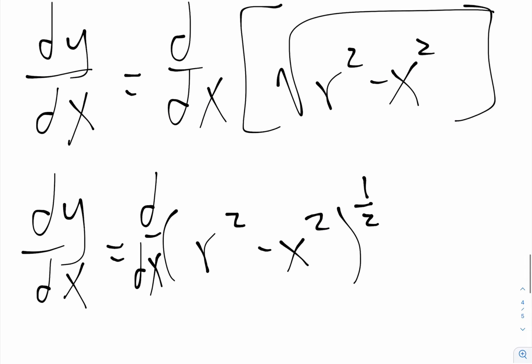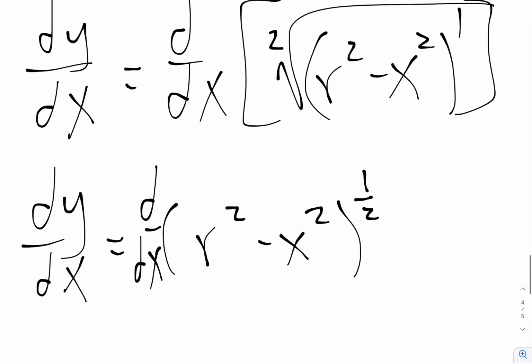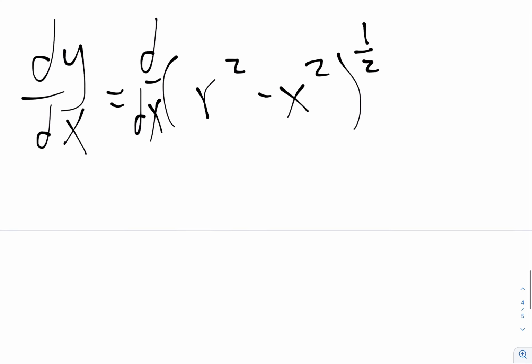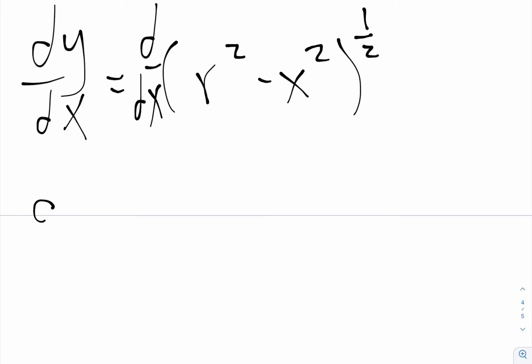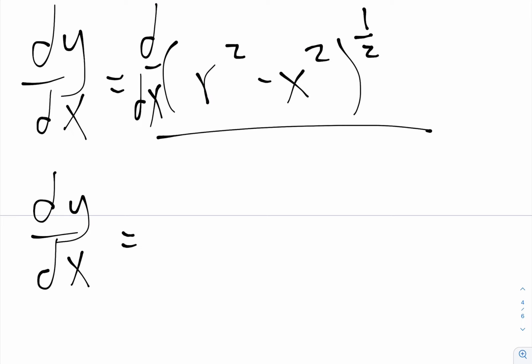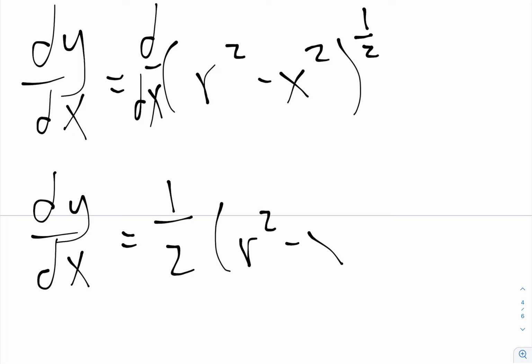Because square root, the index is 2, and the exponent on this is just 1. So if we raise this to the power of 1/2, that's an equivalent way to write it. If we want to differentiate this, we can just use our power rule. So we're going to bring the 1/2 out in front. So it's going to be 1/2 r squared minus x squared.